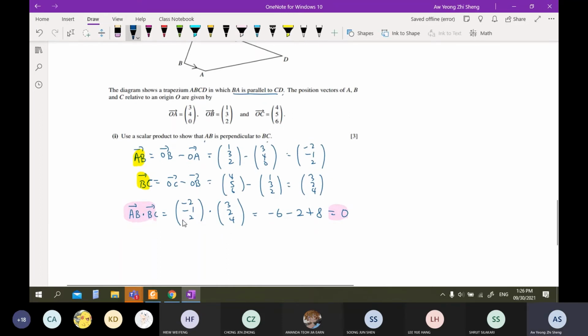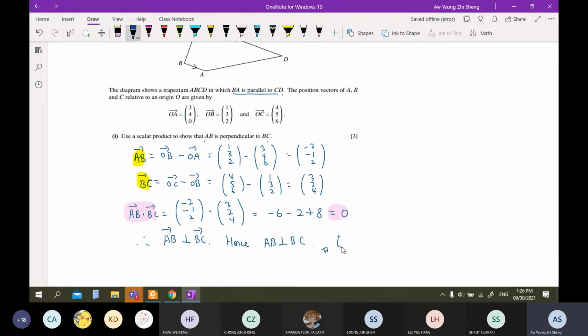Okay, since AB.BC is equal to 0, we can then conclude that the vector AB and the vector BC are perpendicular. And hence, the line segment AB must be also perpendicular to the line segment BC.